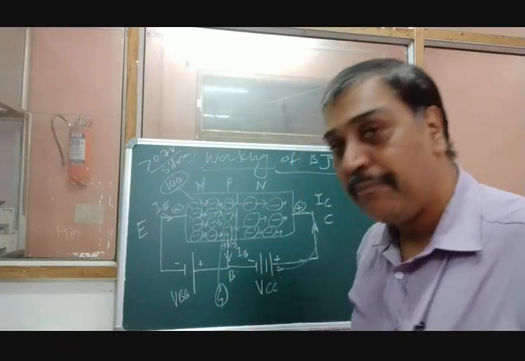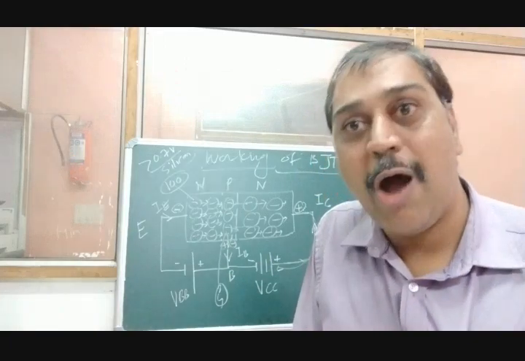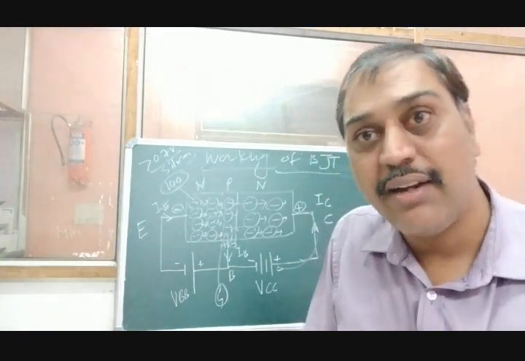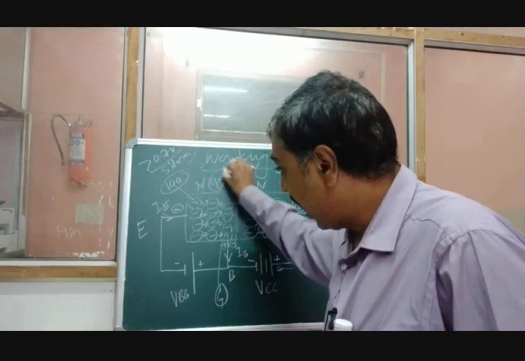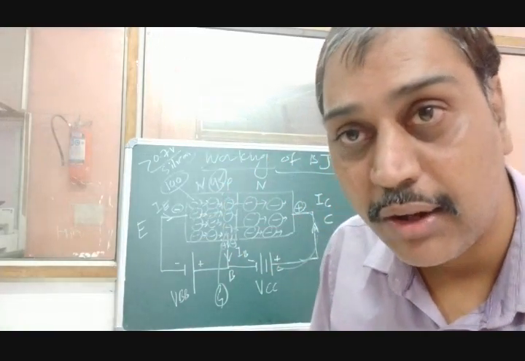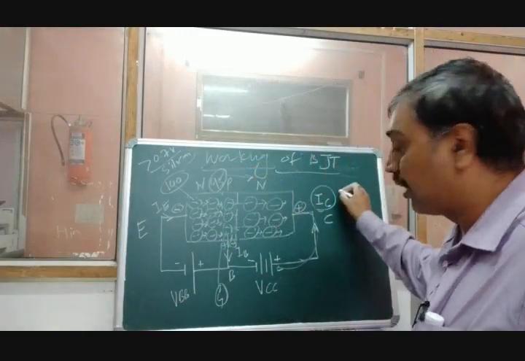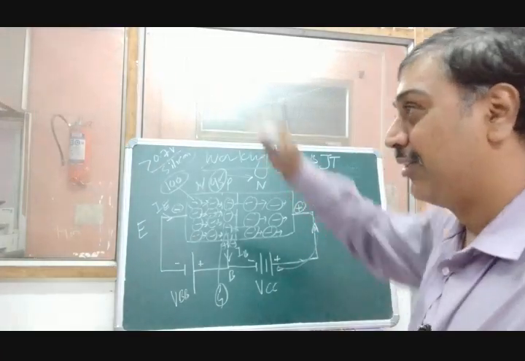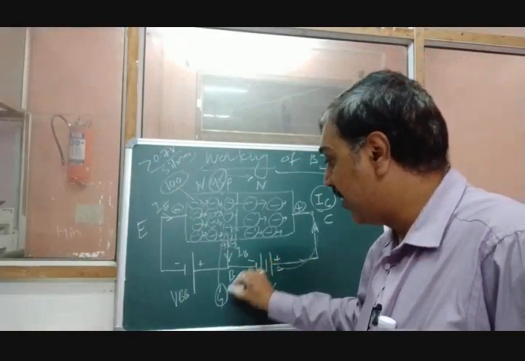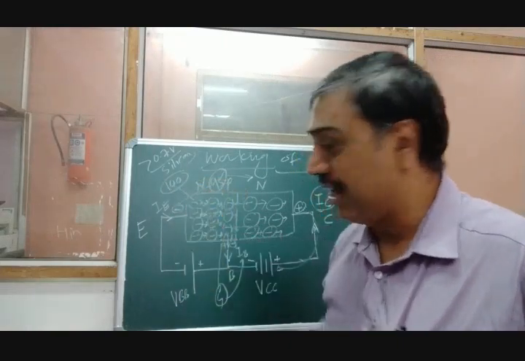Out of 100, the 5 holes get recombined with 5 electrons. How many electrons are remaining? 95 are remaining, and all these 95 electrons transfer to the collector. So the collector current is due to 95 electrons. The base current is due to 5 electrons.